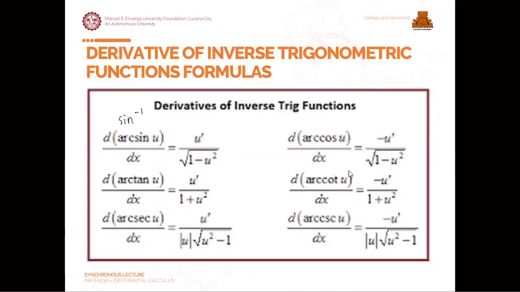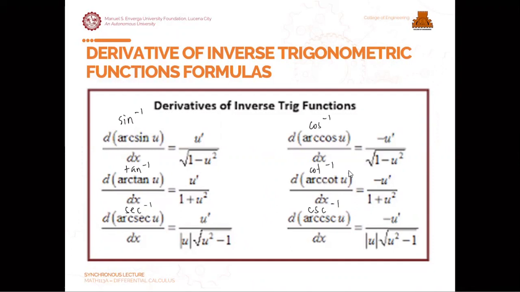The arc means the inverse. Tangent negative 1, which is why it is called inverse trigonometric. Cosine negative 1, cotangent negative 1, and cosecant negative 1. Okay?